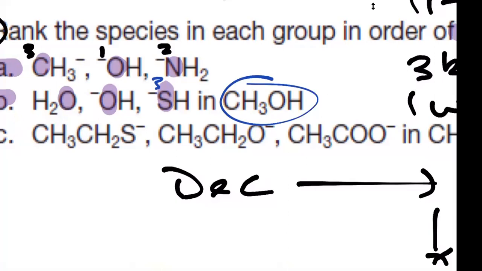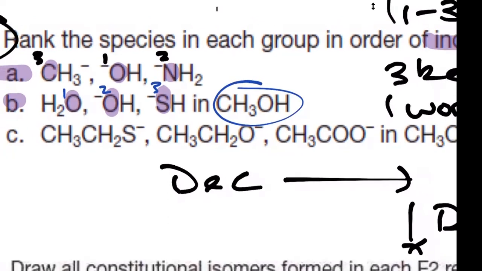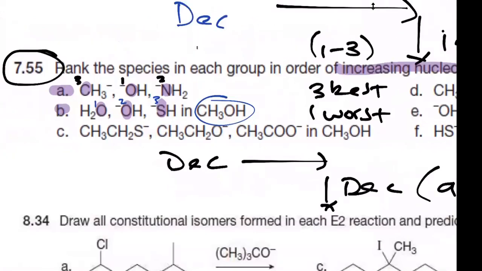Which type of nucleophile is better, a neutral nucleophile or a negative nucleophile? Negative, right? So this is going to be 2, and then the water would be 1. Both are oxygen nucleophiles, but the water is neutral and the hydroxide is negative. So that's what we'll pick.